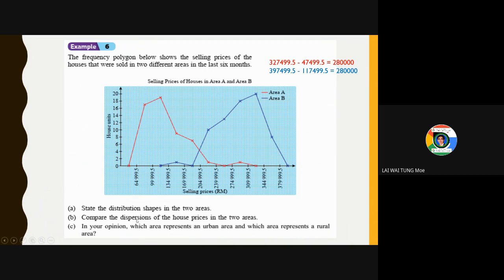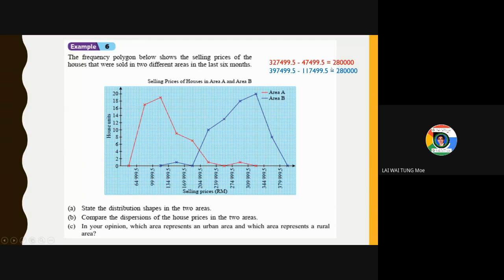Okay, B, compare the dispersion of the house prices in the two areas. Again, this question asks you to compare the dispersion. So what you can do is find the lowest price and the highest price for area A, and then find the highest price and the lowest price for area B, and then find the difference.